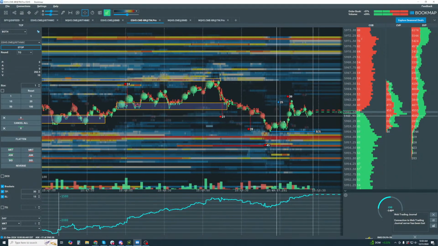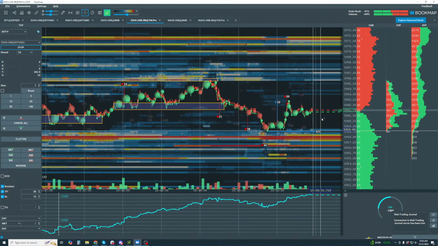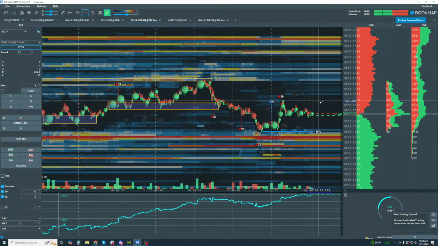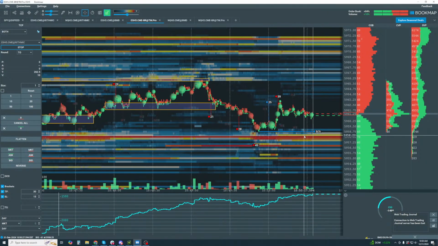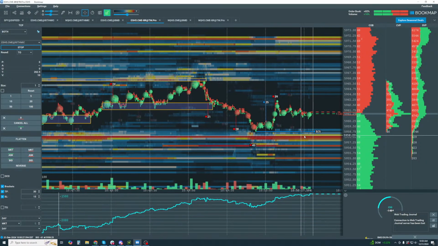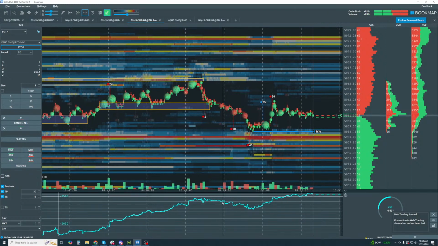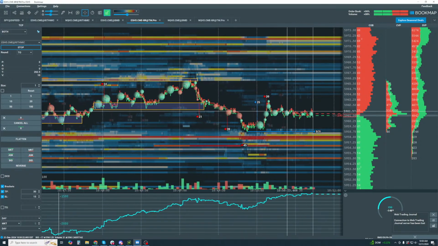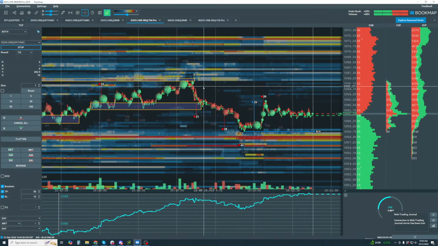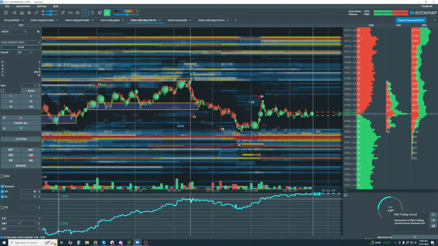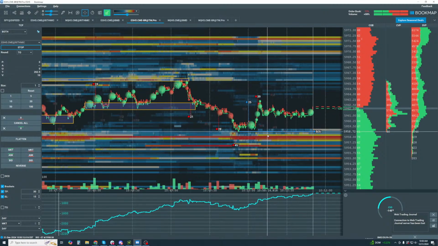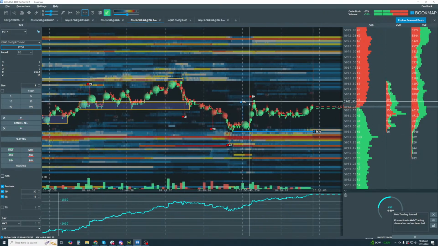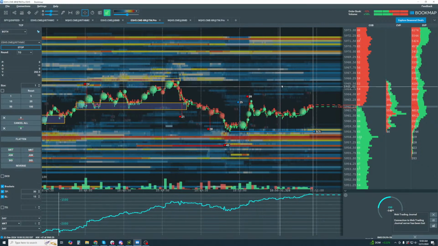More. Seeing cumulative delta in here making higher high, but not in price. So some difference there, meaning that these buyers have not yet been able to move price higher.